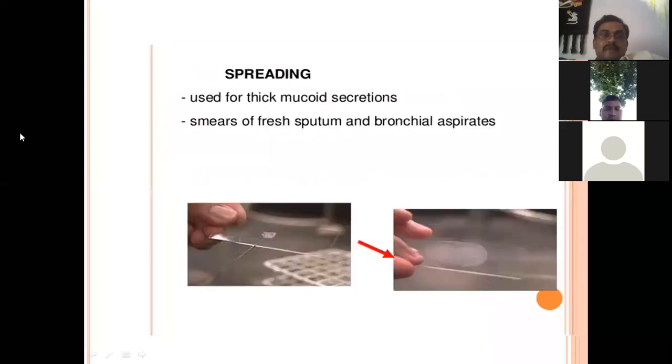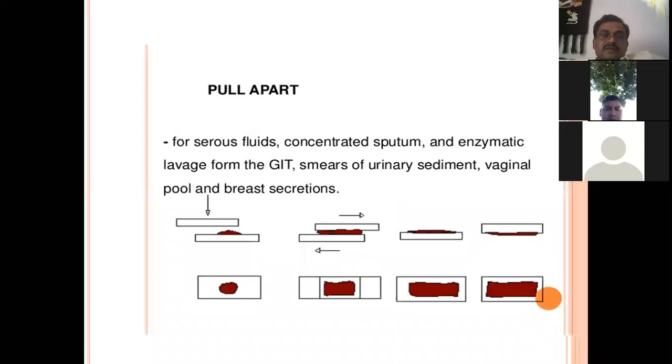Next is spreading. So when the sample is thick and mucoid, you need it to be spread by some needle-like instrument. But this spreading should be very gentle and in a rolling fashion, so that the samples do not get distorted. Pull apart.